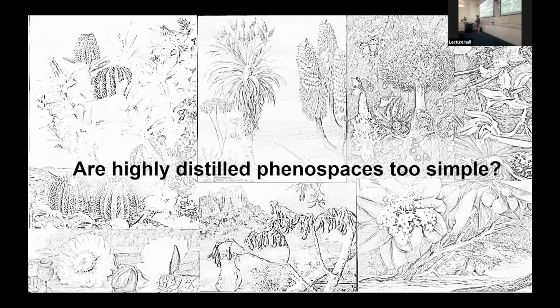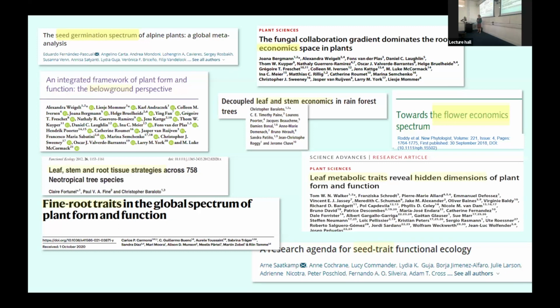That's why probably a number of colleagues have busied themselves in the last few years trying to unpack spectra for organs. They are trying to produce spectra for seeds and for flowers and fruits and roots and stems. And I'm sure that while we are here, somebody is trying to come up with the global spectrum of leaf trichomes or the global spectrum of ear shapes of rodents, right?